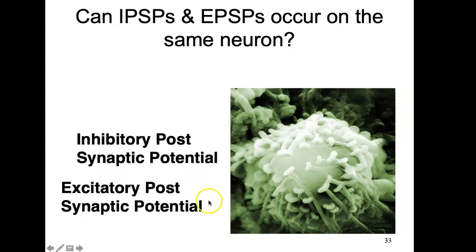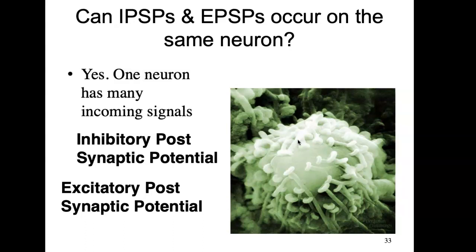In this picture, one cell body is going to have the input of lots of other axons. This is the terminal point of those axons, so it could be receiving a lot of messages. Do all those messages have to be excitatory or inhibitory, or could you have a mixture? Well, you could have a mixture. One neuron has so many of those signals that some could be inhibitory and some could be excitatory.